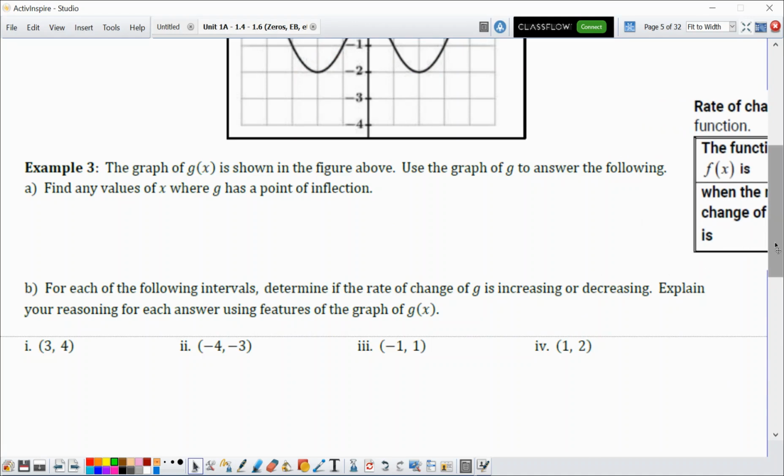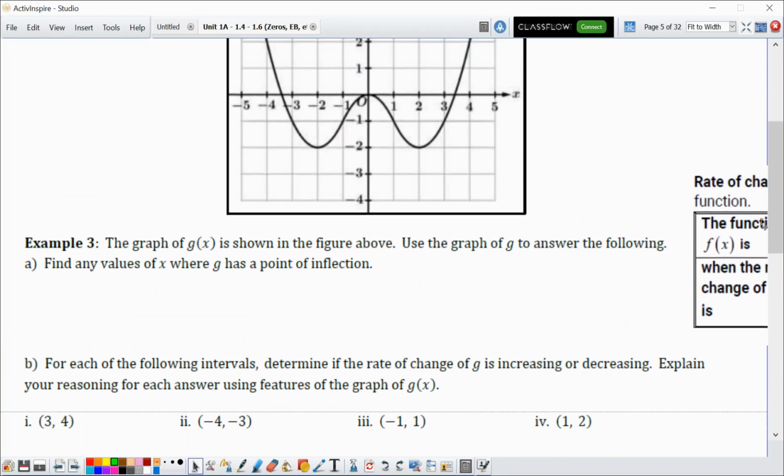Okay, so now we have to look at the four intervals here. I'm going to bring my concavity thing back. This is concave up and this is concave down, so that we can write the answer.